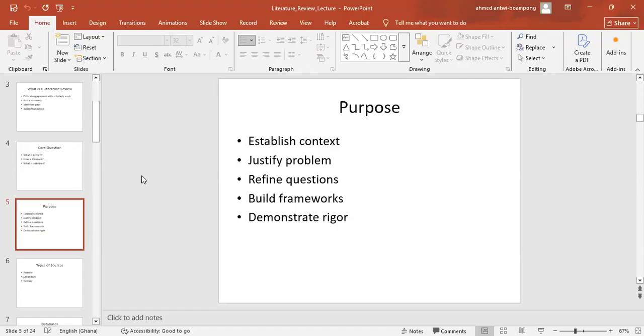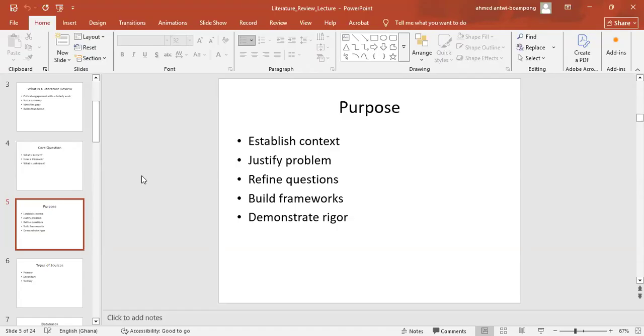Mind you, in our previous lecture, we said that one of the cardinal pillars of research is that it must have a purpose of contributing to knowledge and society, isn't it?